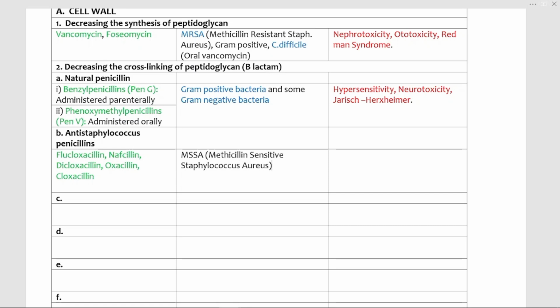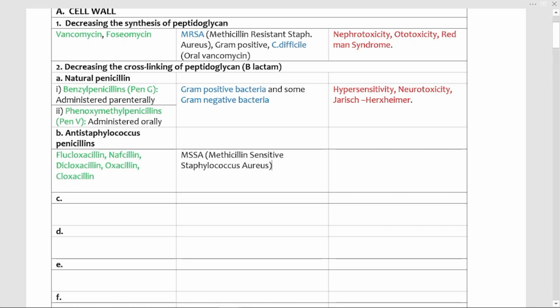You have to know that a long time ago methicillin used to fall under this category, but it was stopped because it's extremely nephrotoxic. So nowadays you rarely see methicillin being used. But the drugs under this category are always very effective when dealing with MSSA, methicillin-sensitive Staphylococcus aureus.